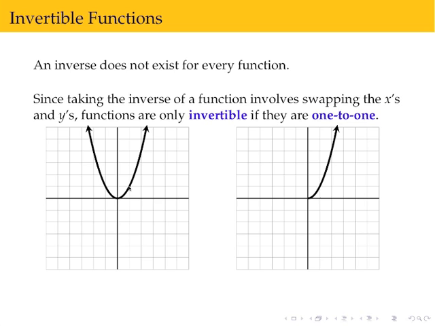If I tried to swap the x's and y's, notice how the y value of 1 has two x values associated with it, 1 and -1. The y value of 4 has two x values, 2 and -2, associated with it. So if I swapped them, I would have an x value with two y values associated with it, and that wouldn't be a function.